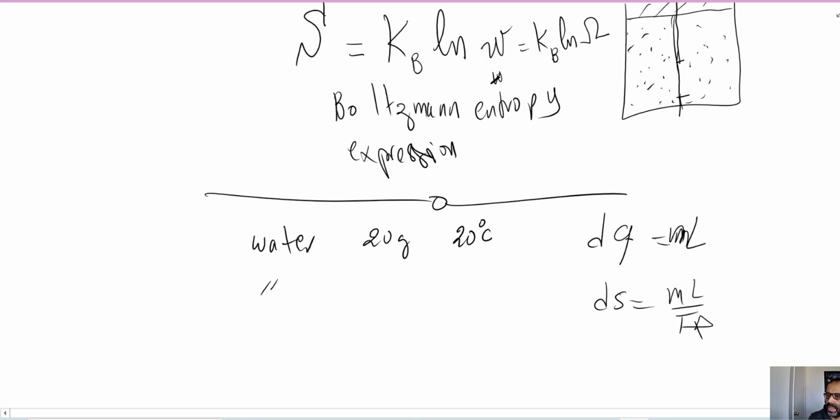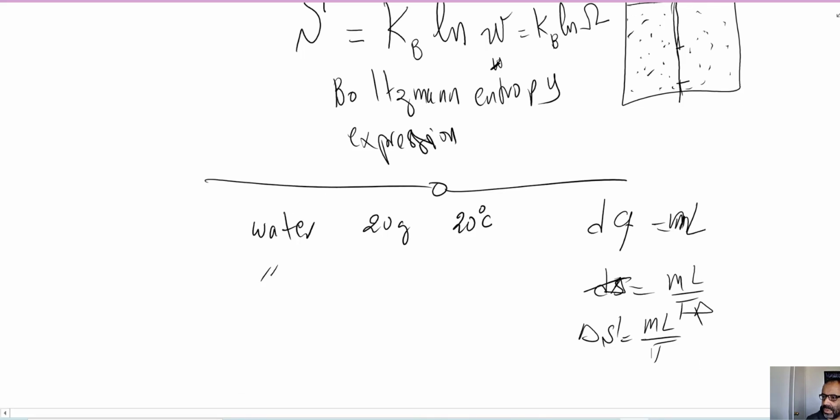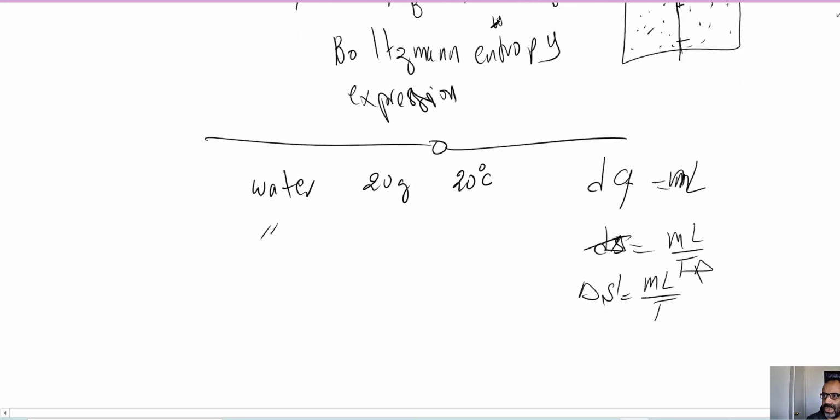So I'm sorry, I mentioned something earlier. The change in entropy is just the amount of heat divided by the temperature, because the entire phase transition happens at the same temperature. So that's how much it is during a phase transition.